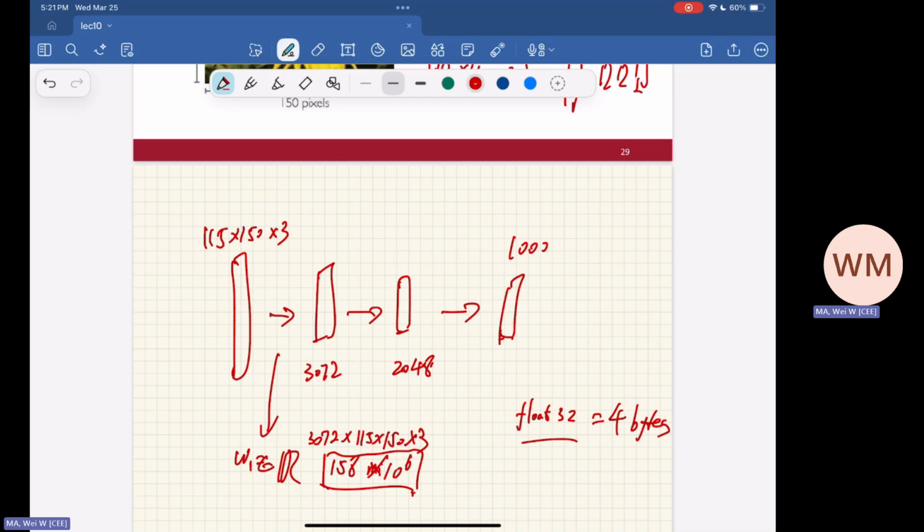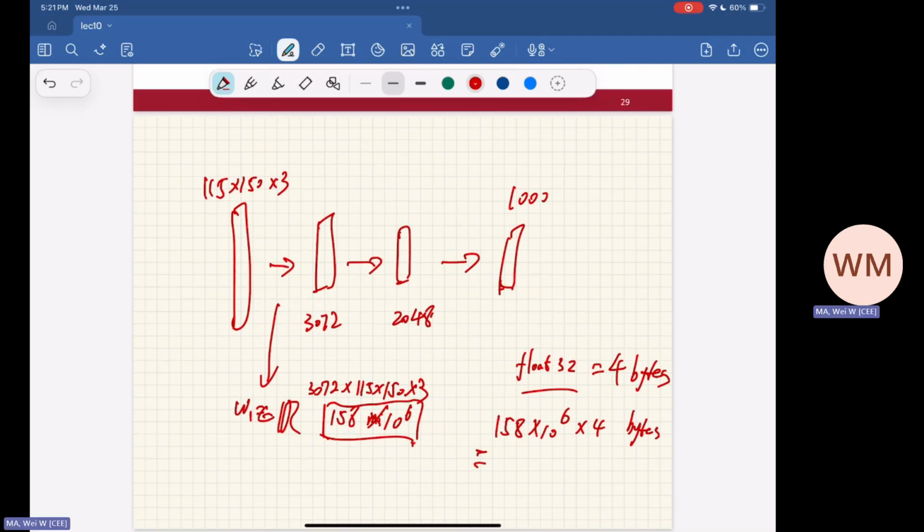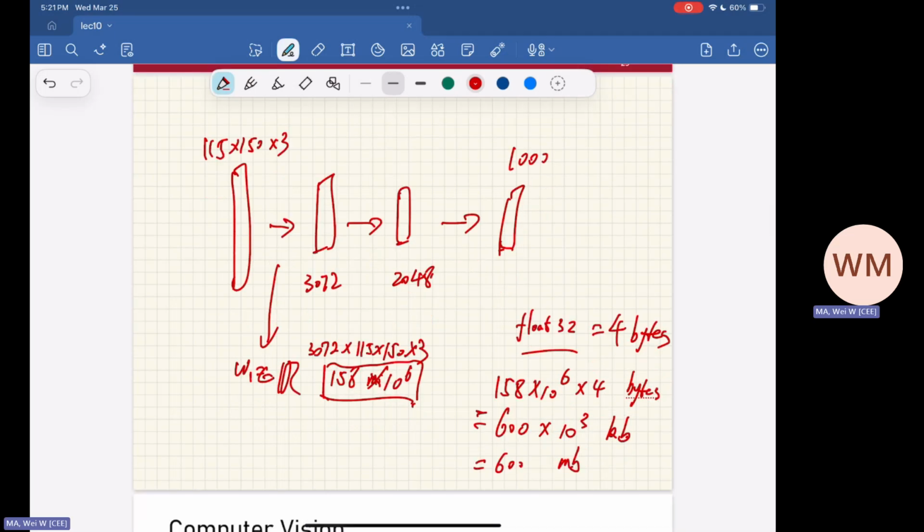So to store this matrix, you need 158 times 10 to the power of 6 times 4 bytes. 1024 bytes is 1 KB, so I can quickly calculate: this is roughly 600 megabytes, or 0.6 GB.